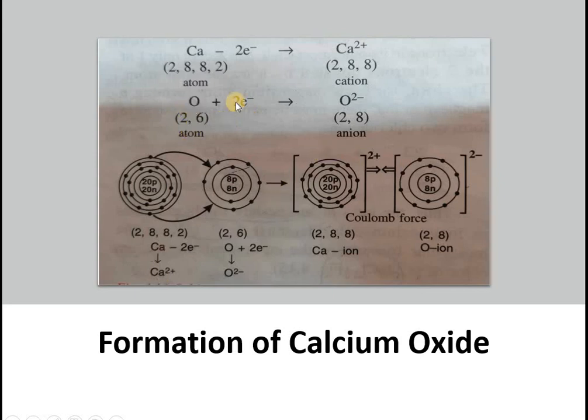Once it acquires electrons from calcium, it gets the neon structure, that is O2-. So the nearest noble gas for calcium is argon, and the nearest noble gas for oxygen is neon. So here is the ultimate structure.